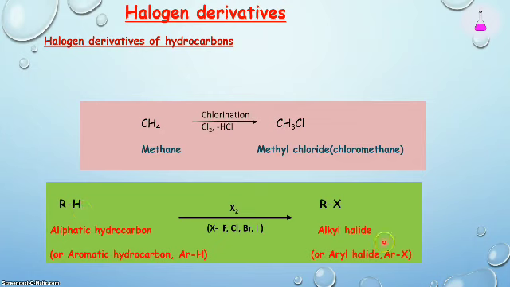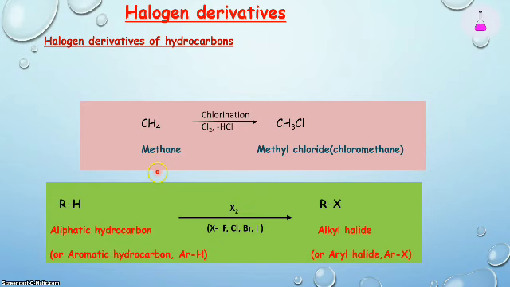Here, instead of R, we can also use an aromatic hydrocarbon, that is an aryl group. Here also, with replacement of hydrogen by halogen, it gives aryl halide, that is Ar-X. Halogen is represented by X. So X may be fluorine, chlorine, bromine or iodine.